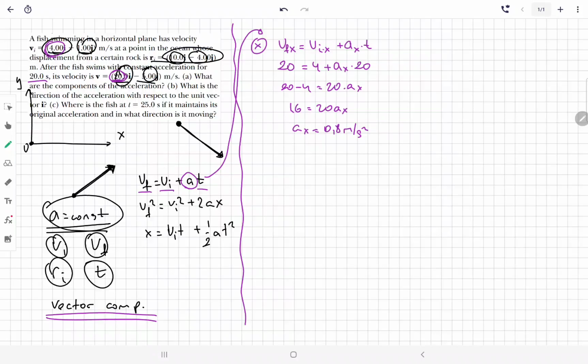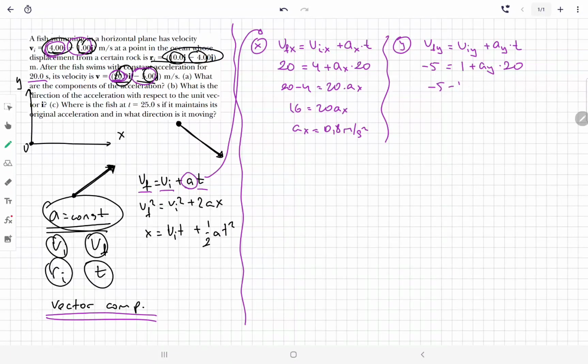And let's apply the same equation in the vertical direction, the y direction. So in the y direction, v final in y equals v initial in y plus acceleration in y times t. The final velocity, as you see, is -5. Negative means it will be moving downward. Initial velocity is +1. ay is unknown, the acceleration in the y direction, times time 20.